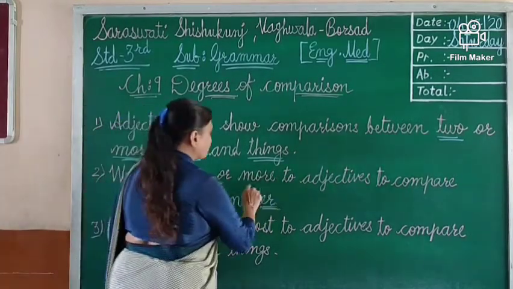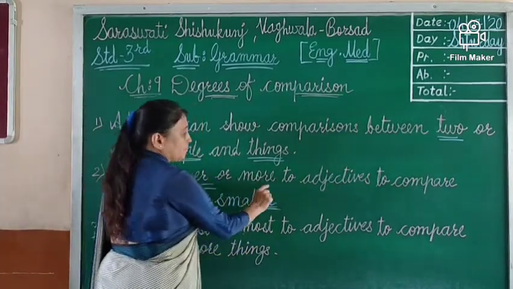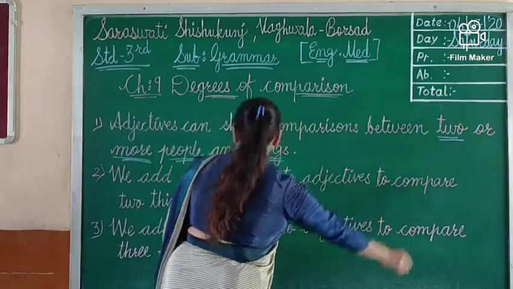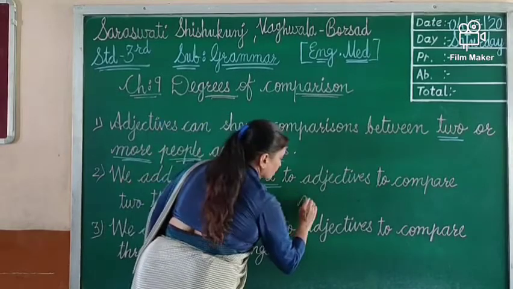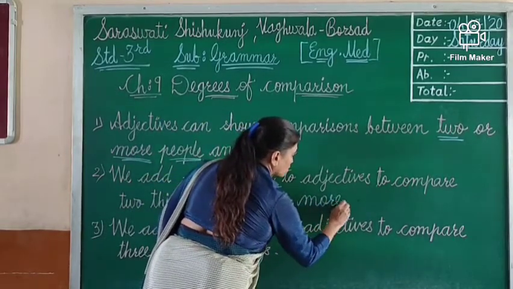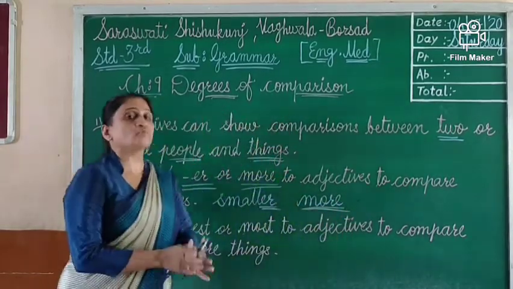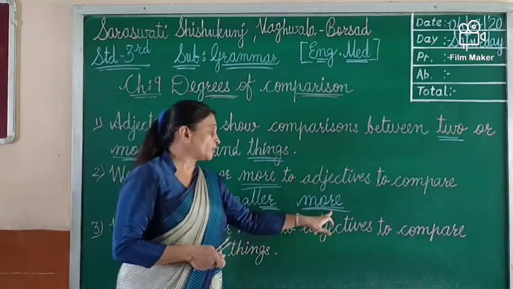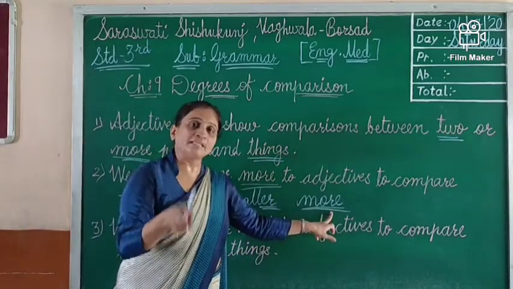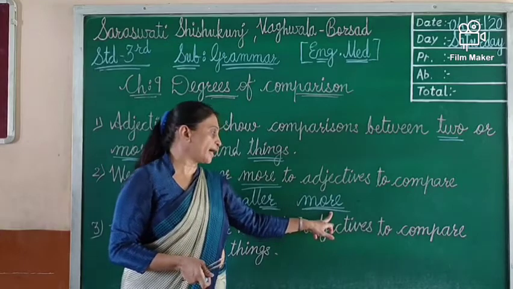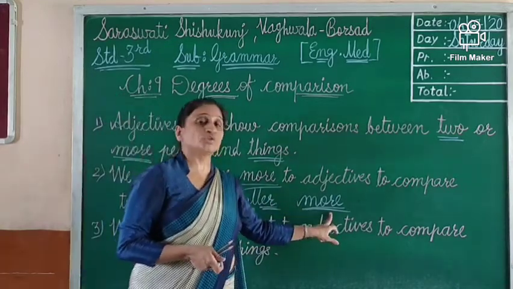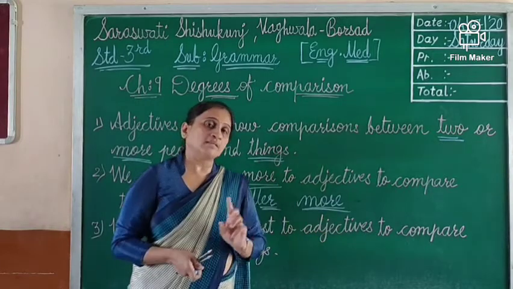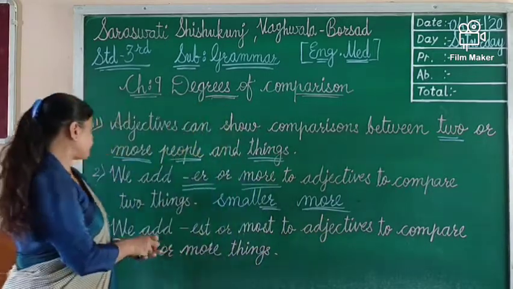In that way, we add ER or more to adjectives to compare things. We can use the word more also. I will explain that with examples: where you have to use more, how you have to add more, and with which adjectives you can use more.